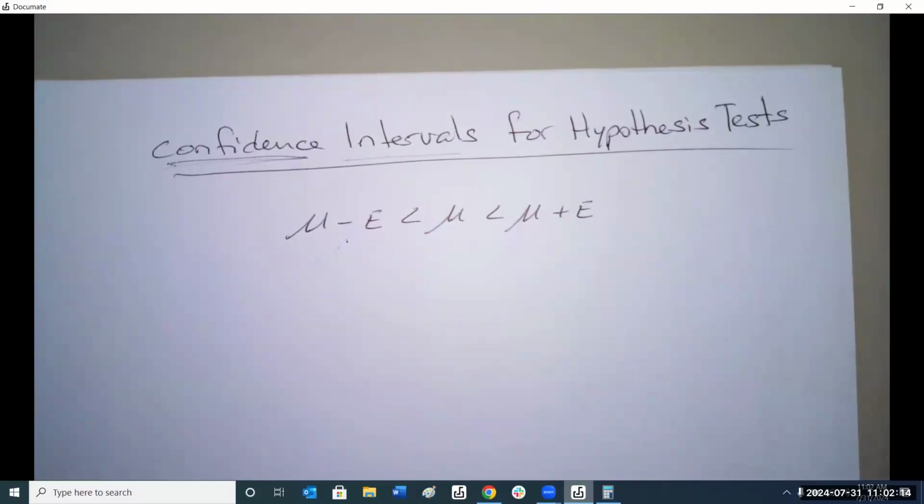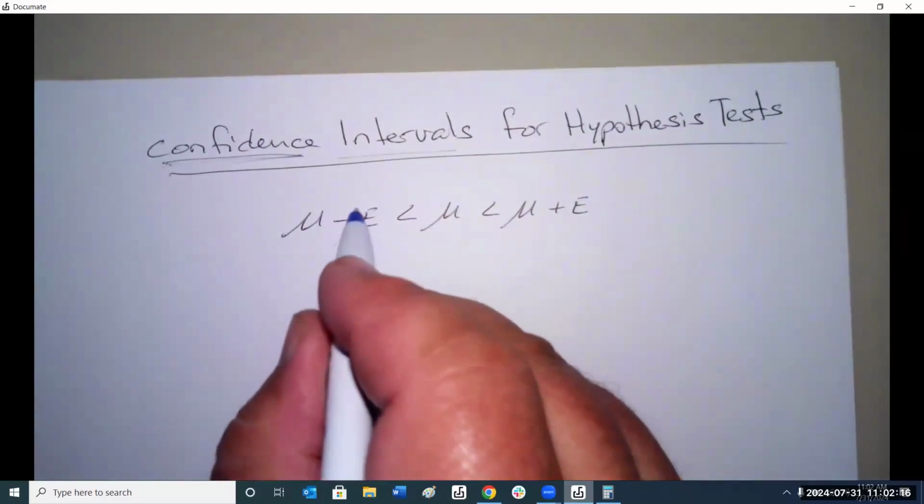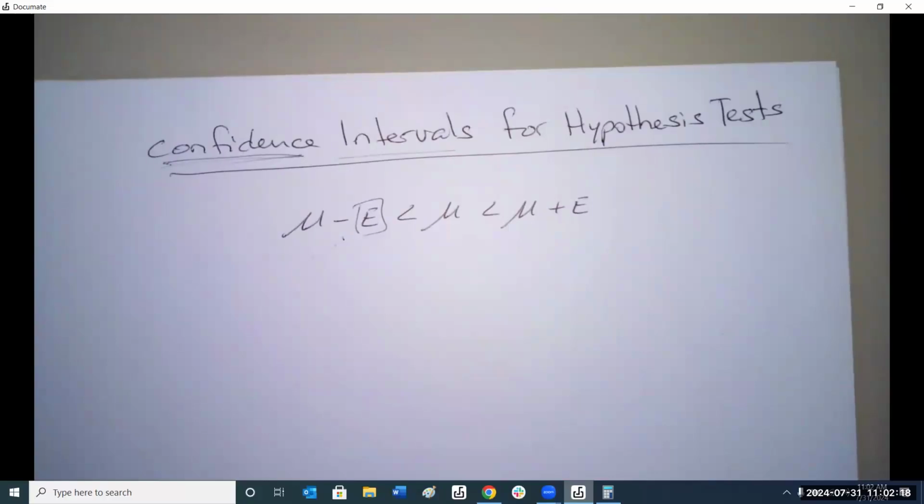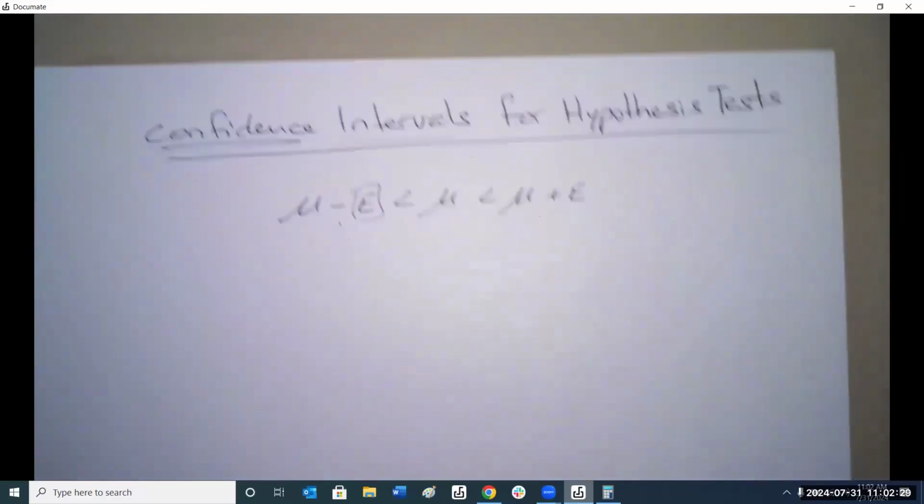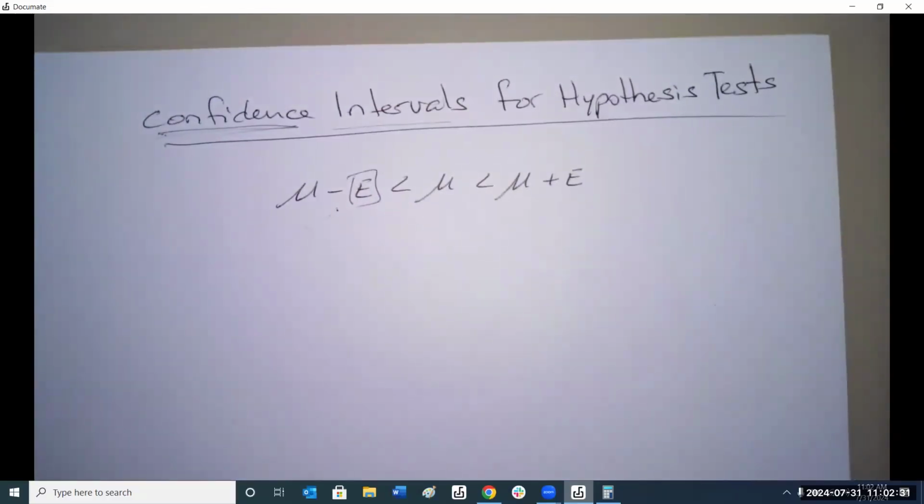But where do we get this stuff from? Where do we get the E from? What do we need to do? Anybody? How do we find the plus or minus the error?